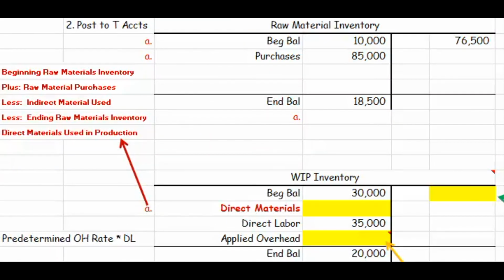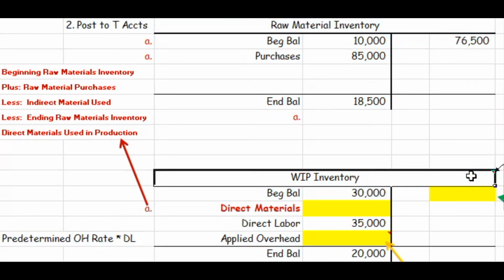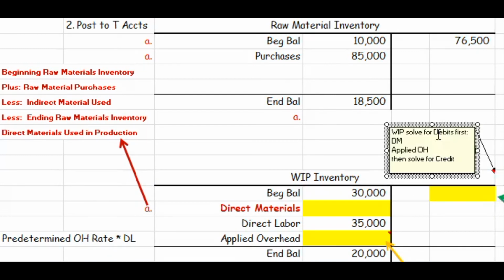Okay, so to determine what is in work in process inventory, I have left the T account for raw materials up. And I'm going to click on this comment, so maybe you can see the comment. It might be outside your window, but I'm going to pull it over. So the work in progress, solve for debits first, direct materials, applied overhead, and then solve for the credit.